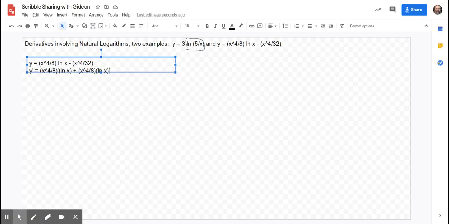We have a subtraction term, right? So we're going to subtract, and that's just a simple polynomial. So it's just going to be x to the power 4 over 32, and then its derivative, right? I applied the derivative to both terms above. Since the first term is a product, I have to apply the product rule.